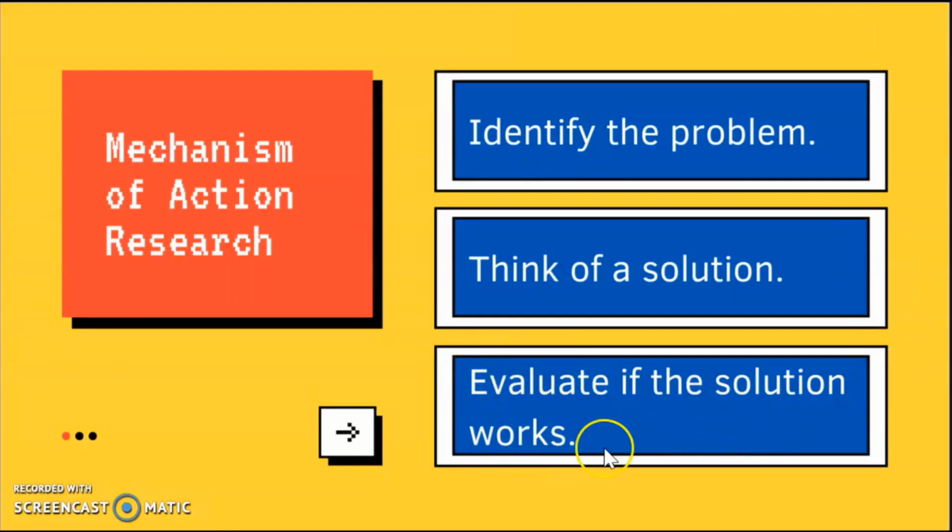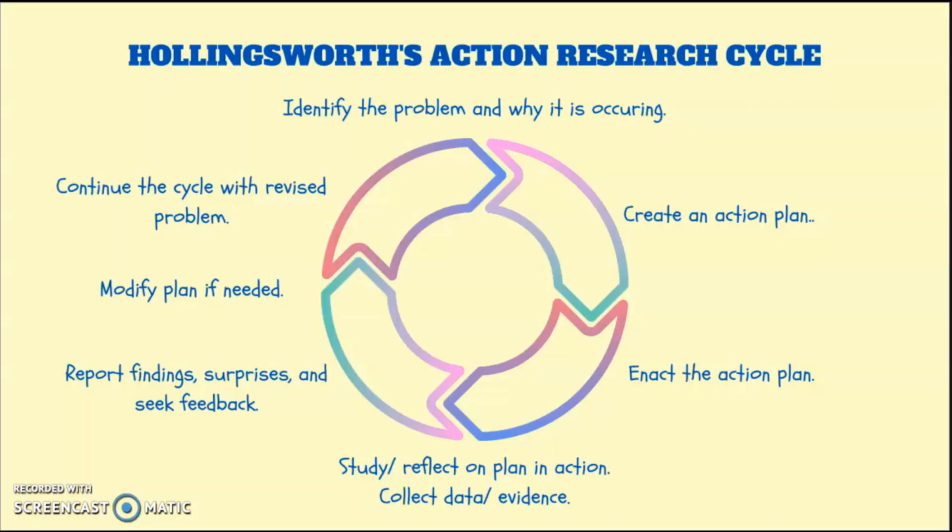Now, the underlying problem of the third one is how will you evaluate if the solution works, and what will happen if the solution that you have initially thought of doesn't make any change. So that is the rationale of the action research cycle made by Hollingsworth in 2001 to 2005.